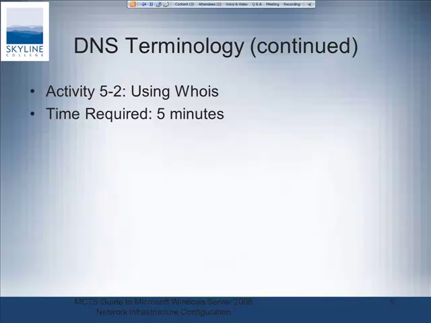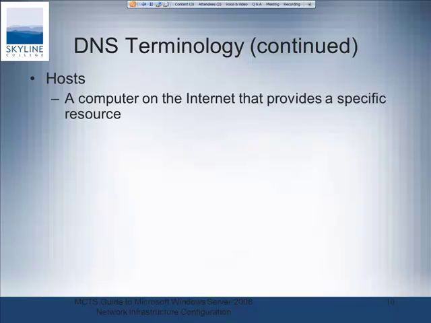I had trouble getting the InterNIC one to come up, and I don't know if it's just because of the connection I was having on my laptop, or if they were down, or if they've given this up. But there are a number of whois sites. Good thing to have when you need to find information about things, particularly if you get something from a spammer perhaps, and you want to find out who is running it. You may be able to find out some information about it as you try to track those things through.